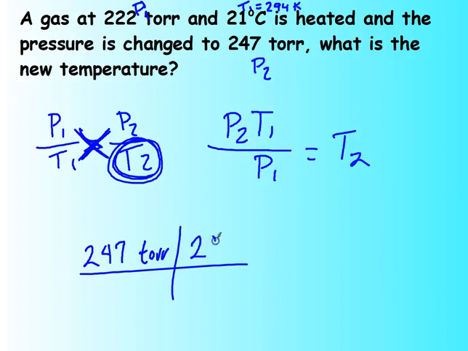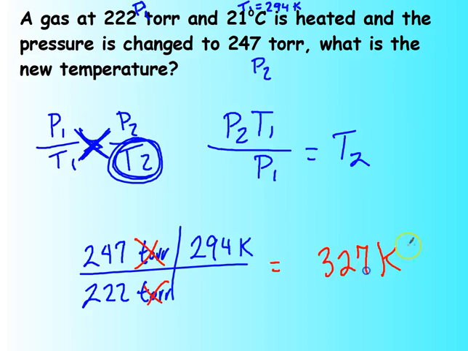Temperature 1 I said was 294 Kelvin. And pressure 1 is 222 torr. Looking at all of my numbers, torr cancels out, so I'm left with K, which is Kelvin, a temperature, which is good. 247 times 294 divided by 222, and I got 327. There's my temperature right there.